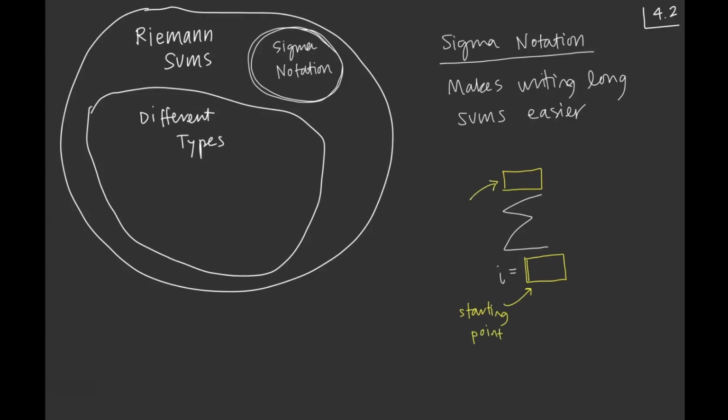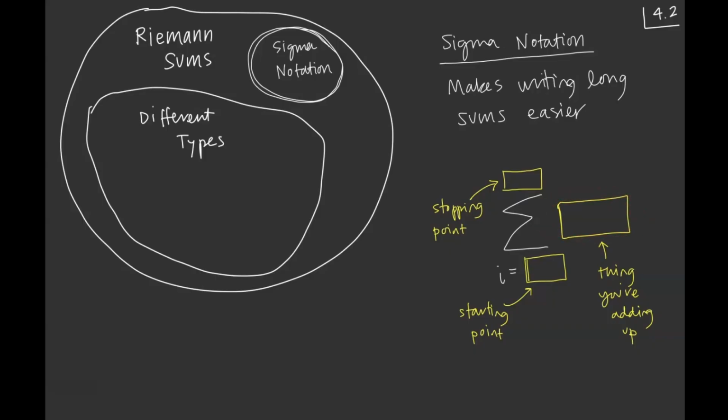And then up here we write where the stopping point should be. We're indexing something, we're counting several similar things. And then the thing that we're actually adding up goes here. Sometimes it's a formula, more often than not, and you'll see some i's in here.